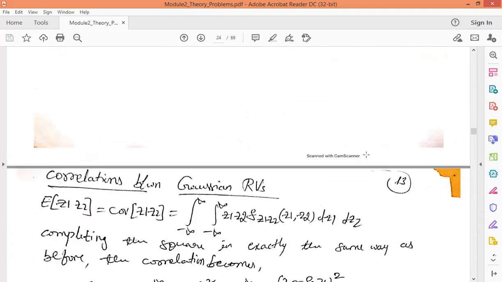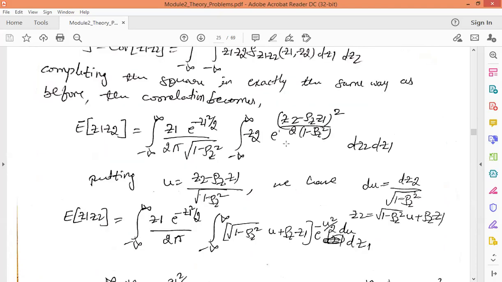By doing that, it can be written within the first integral as z1 times e to the power minus z1 square by 2, divided by the square root of 2 pi, and within the second integral z2 times e to the power minus (z2 minus rho_z z1) whole square by 2 into (1 minus rho_z square), divided by the square root of 2 pi (1 minus rho_z square), which has to be integrated with respect to z2 and z1.